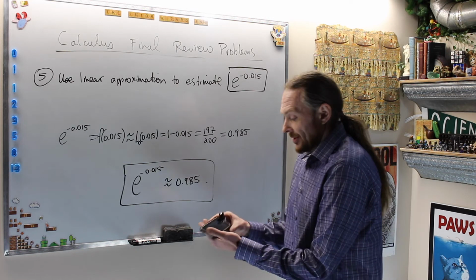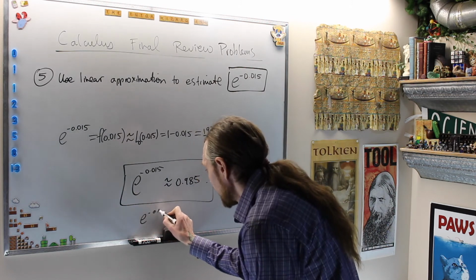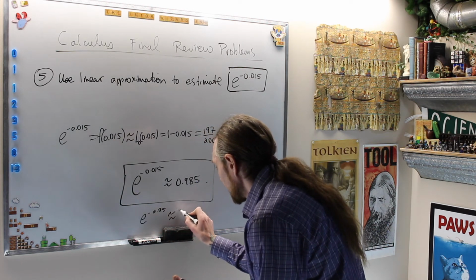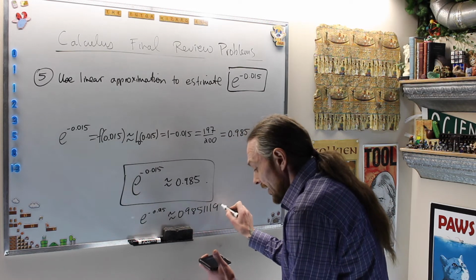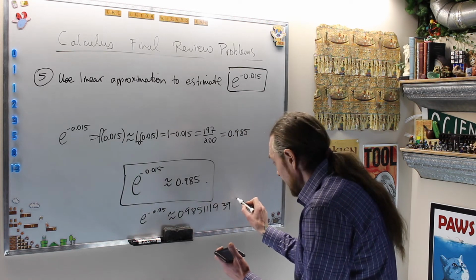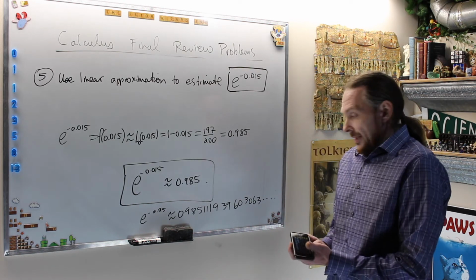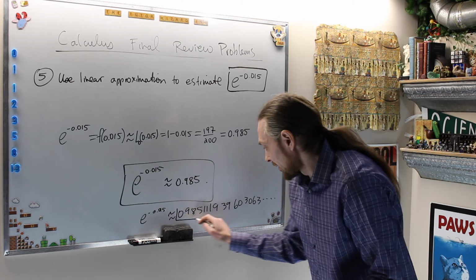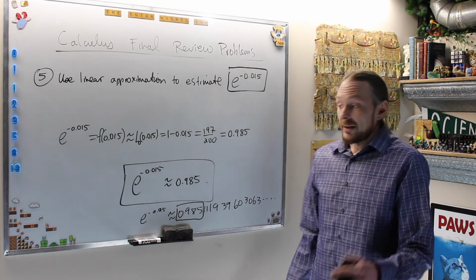It tells me in my magic calculator that e to the negative 0.015 is approximately equal to 0.9851119319603063. So we got it to 3 decimal places. This is how you approximate values without a calculator.